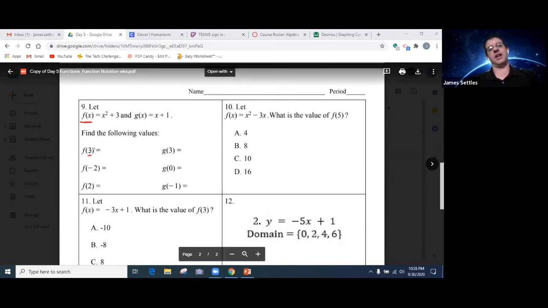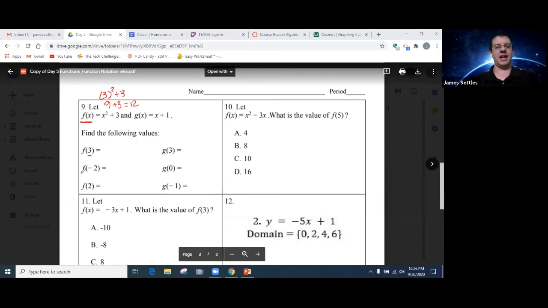So instead of saying x equals 3, if they say f of 3, that's telling me that x is equal to 3, because look, it just took the place of x. And so now we can plug 3 in for x and work this out and figure out what the problem is. So if I go 3 squared plus 3, 3 squared would be 9, plus 3 is equal to 12.